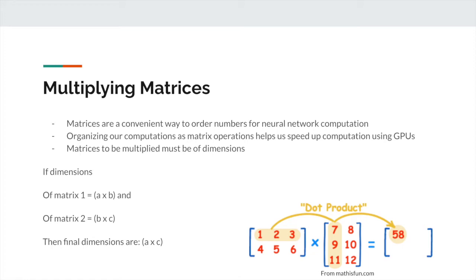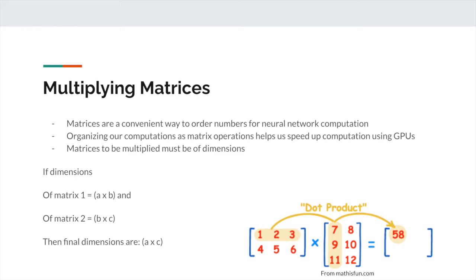So in practice, though, the equations that I showed on the previous slide aren't actually used to perform the computations. What actually happens is we package all of the weights of our neural network into matrices. The advantage of putting everything into matrices is that it allows our computations to be sped up by parallel computing capabilities, especially with GPUs.